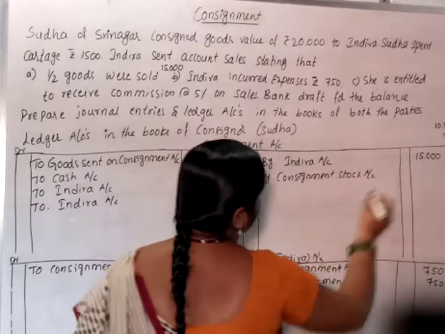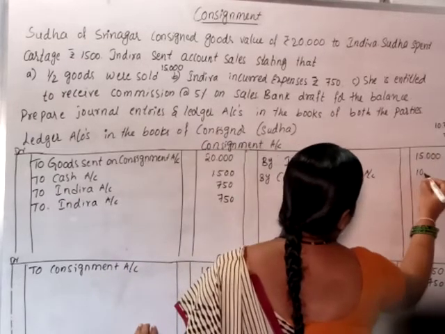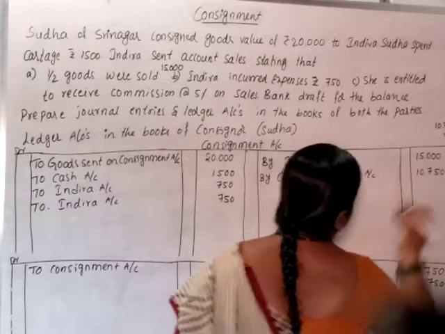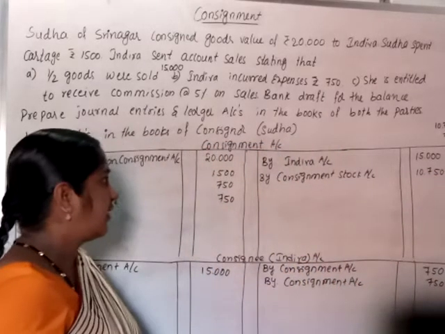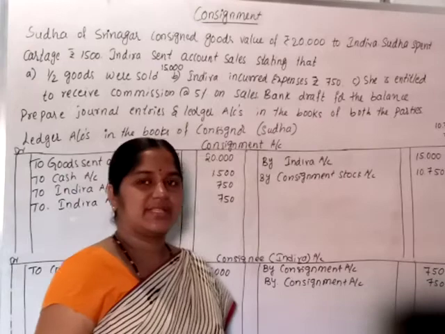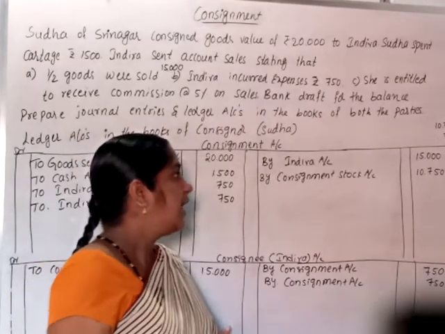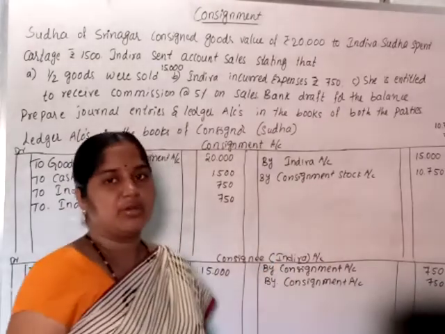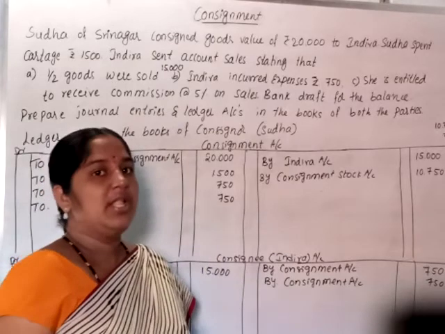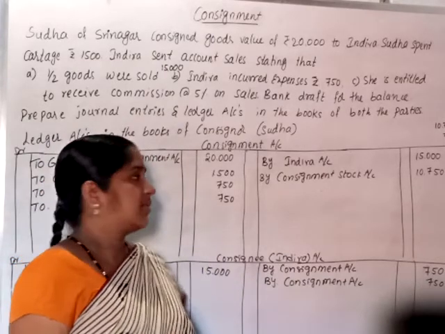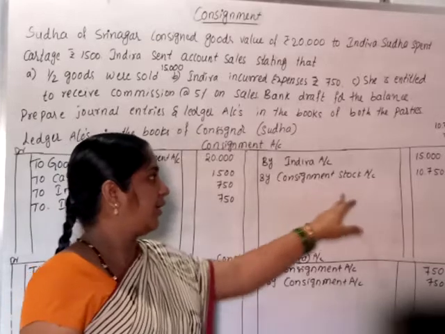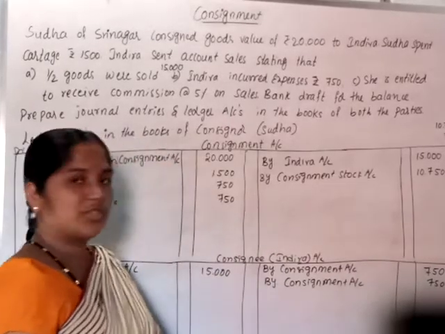So what is unsold stock value? We already worked out the total: 10,750. So for the unsold stock we have to pass one more entry, that is consignment stock account debit to consignment account. So consignment account we credited, that's why credit side of the consignment account we recorded by consignment stock account.